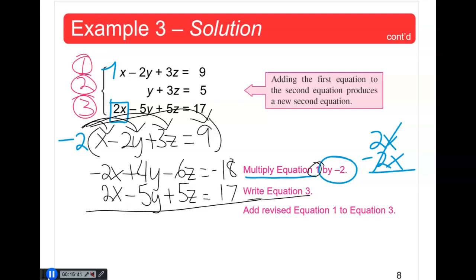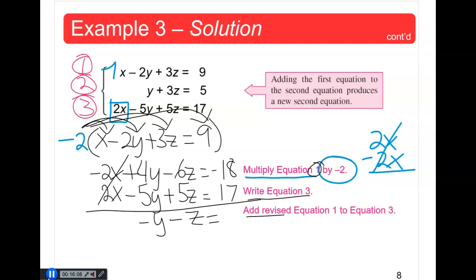So now we're going to combine like terms, or add the equations. So negative 2x plus 2x, that is 0, so we say it cancels. Then we have 4y minus 5y, and that will be negative y. And then we have negative 6z plus 5z, so that will be negative z.